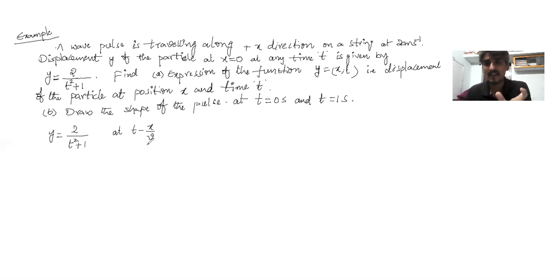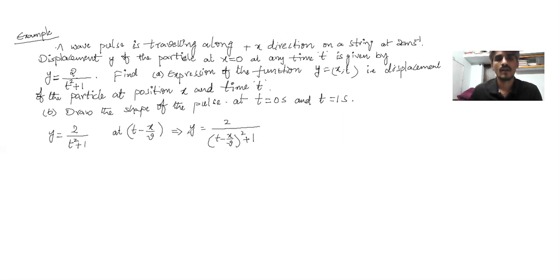So within a time interval t minus x by v, now I'm going to calculate this y value. Now I'm going to take this y value at t minus x by v time, so that we can write it as at t minus x by v time interval, I'm going to write y as 2 by, means I'm writing this in terms of x and v also, right? 2 by t minus x by v whole square plus 1.